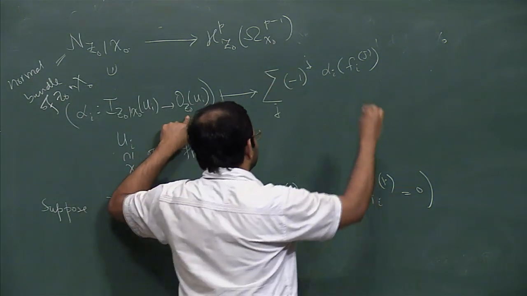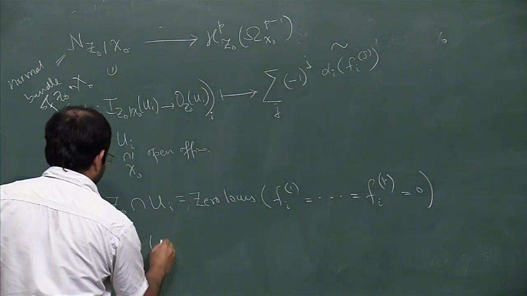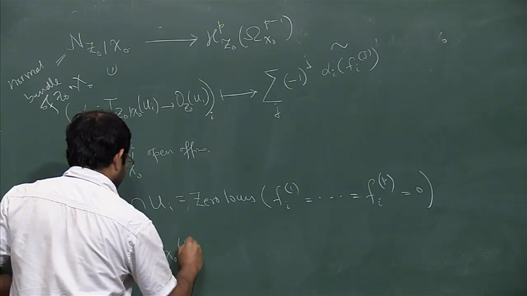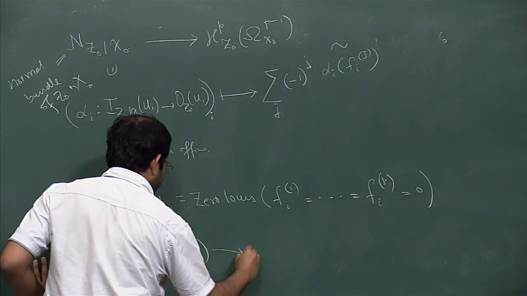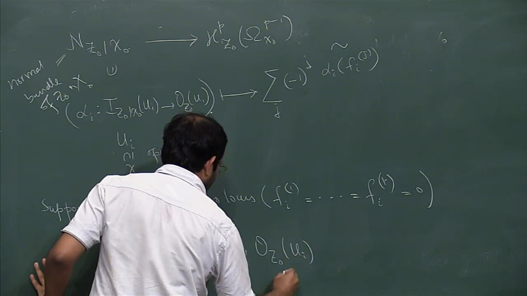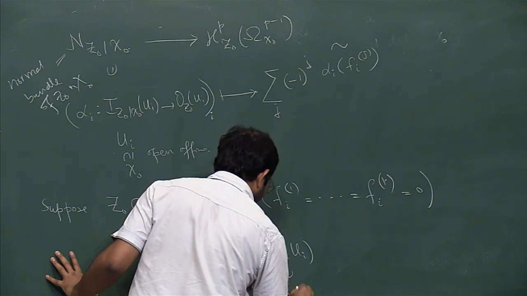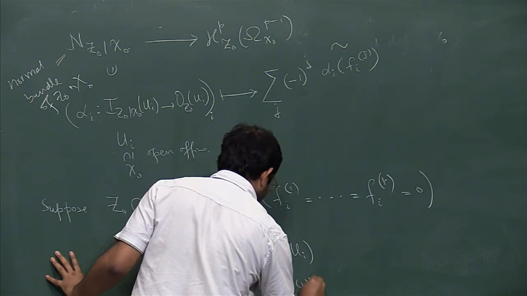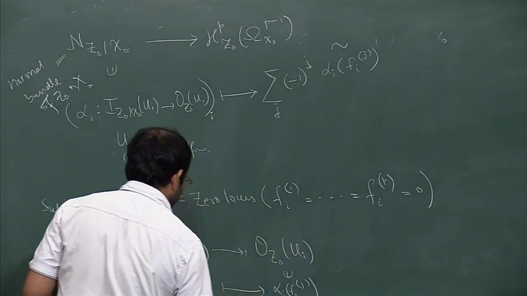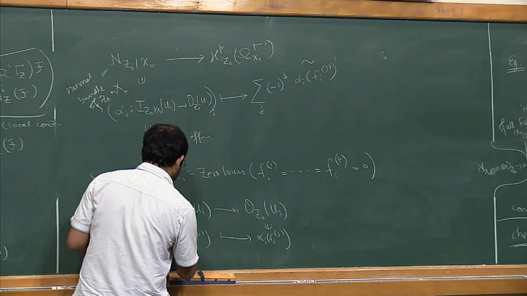So, I take the lifting. By lifting, I just mean that I have a natural map, surjective because this is affine, and here I have alpha_i of f_ij, and I lift it to alpha_i of f_ij tilde.